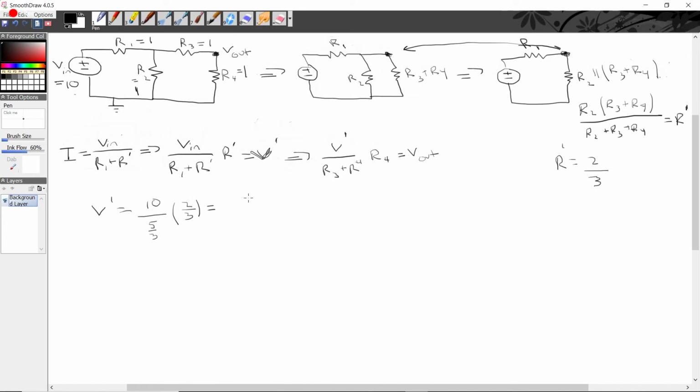And of course, that is equal to 10 times 2 all over 5, which is equal to 4.